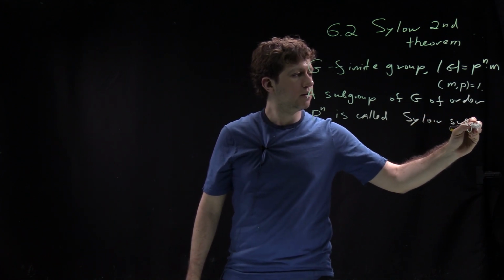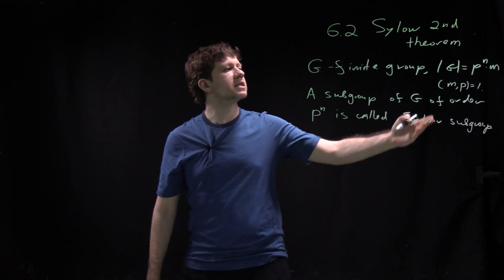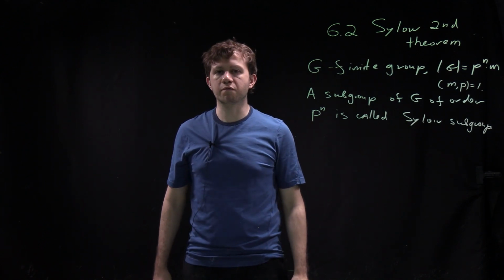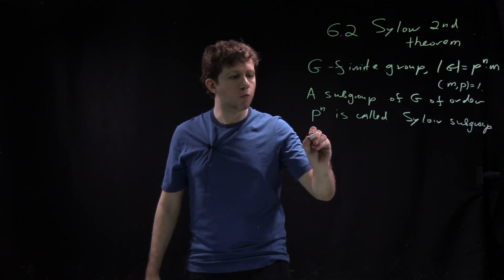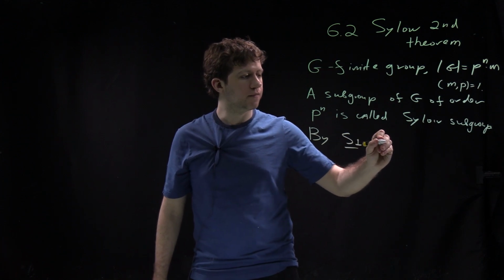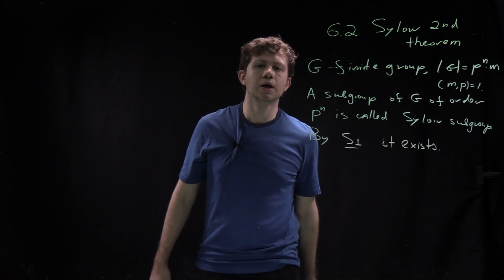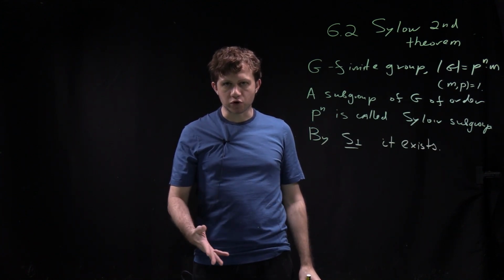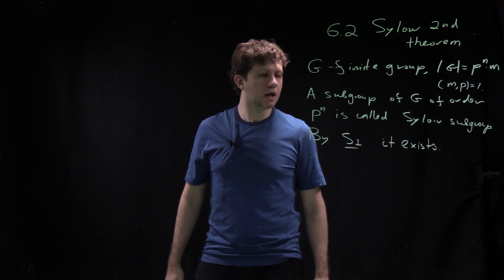So basically, that's a subgroup which has the maximal possible power of p inside G. And we already know, by Sylow first theorem, that it exists. So every group, for every prime number, has a Sylow subgroup.